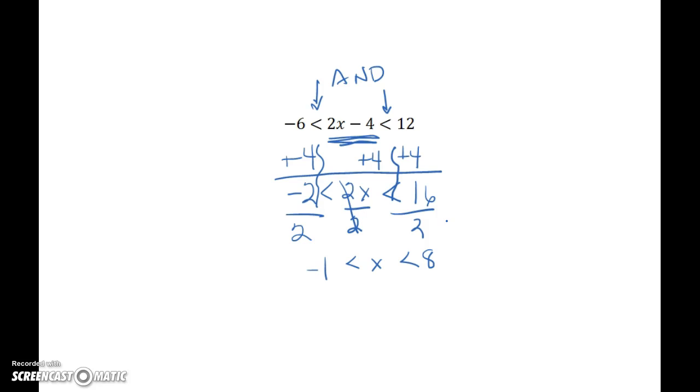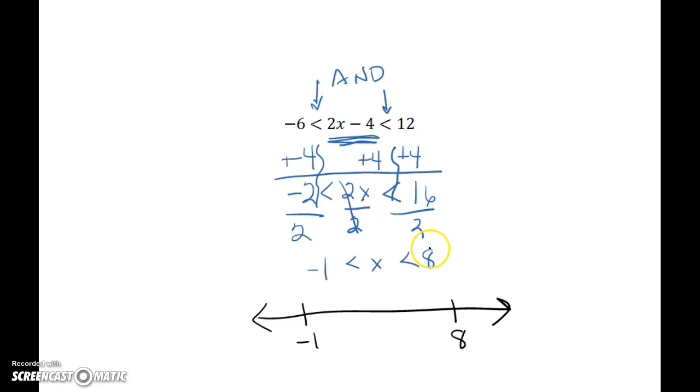Okay? So instead of separating it out, which I can do, all I did was solve it as though it had 3 pieces. And again, we're going to look at graphing this. Negative 1 and 8. The great thing about this is negative 1 is smaller than x, smaller than 8.